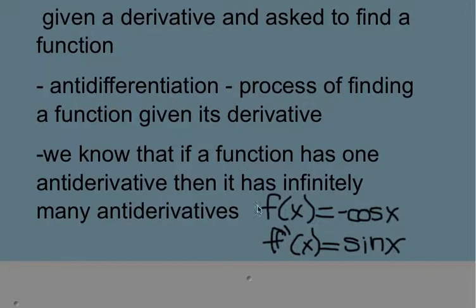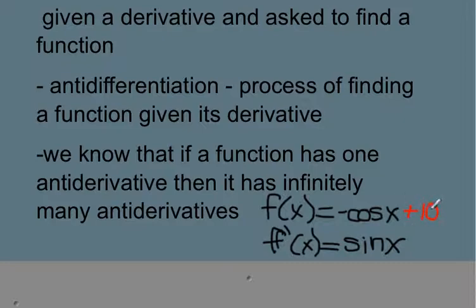But here's why we have infinitely many. If I add a constant, let's say I add 1, the derivative of this function is still sine of x because the derivative of 1 is 0. So this is another antiderivative of this function. I could also add 10. Same thing. I could add any constant.